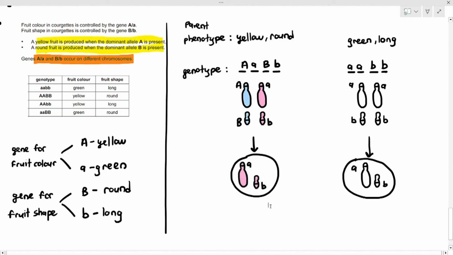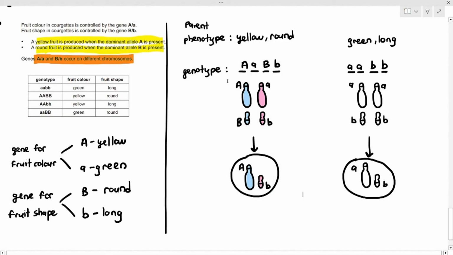We know this. But it can also pass down, due to random assortment in metaphase 1, small a, large B alleles, or it might also be able to produce large A, small b alleles over here. This is due to random or independent assortment.